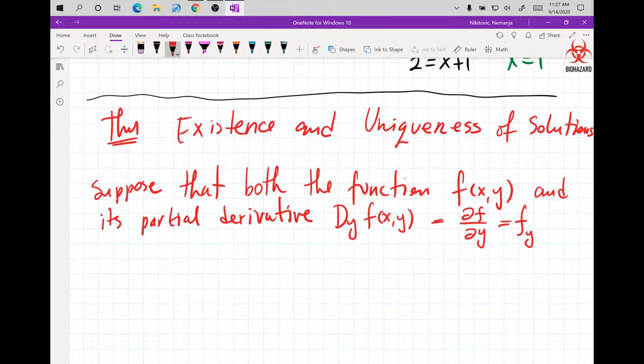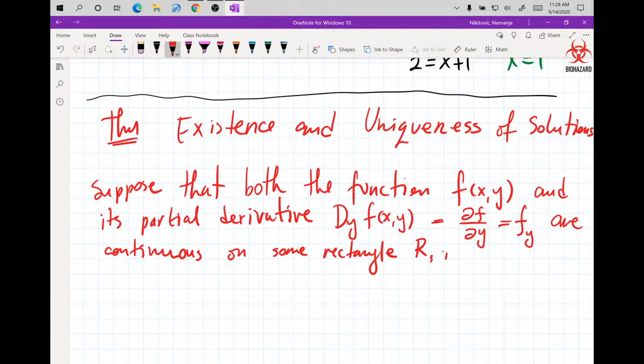So suppose that both the function and its partial derivative with respect to y are continuous on some rectangle R. I'll have to explain that.